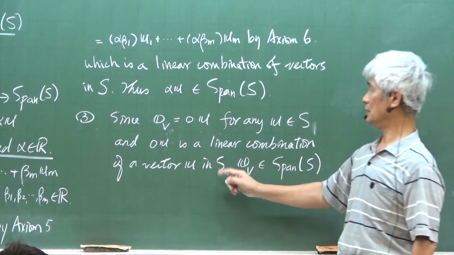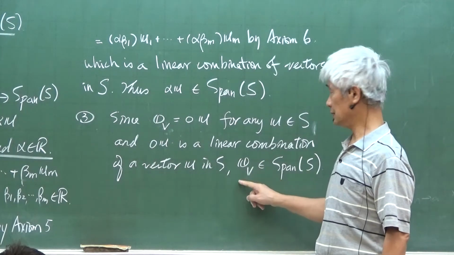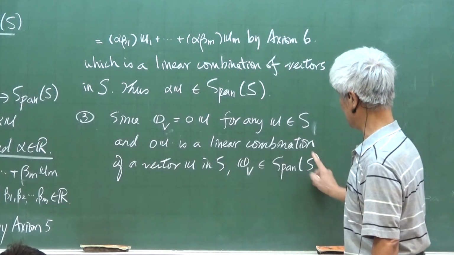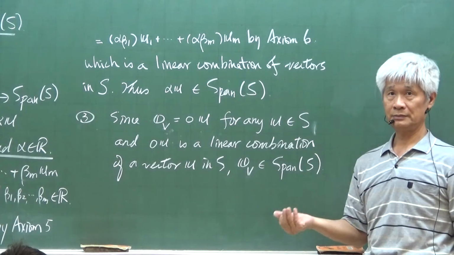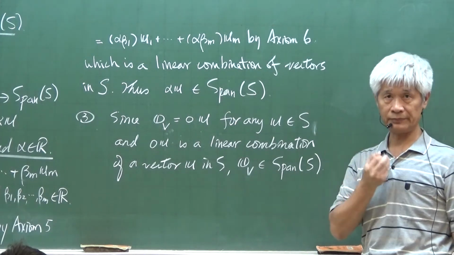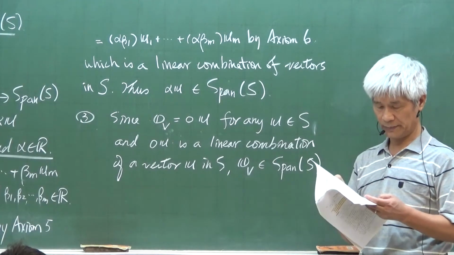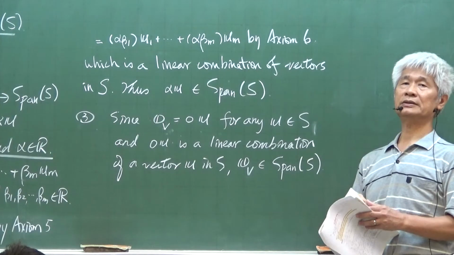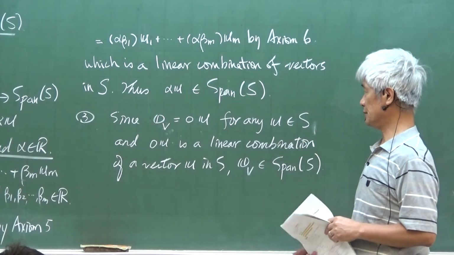Okay, so we show the zero vector in the vector space V is also in the span S. Of course the space has a zero vector, so it has axiom 3. And axiom 4 is about the additive inverse. No problem, right?